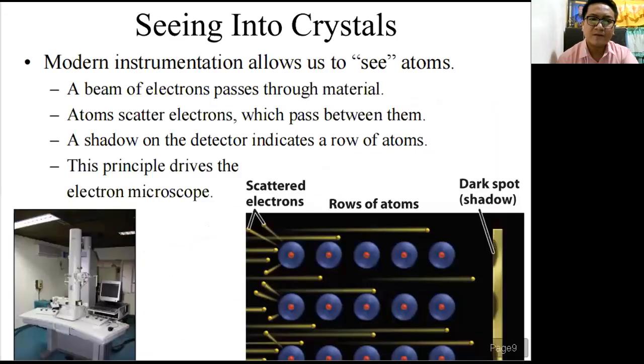So seeing into the crystal, using an electron microscope, ma-identify natin how the atoms are arranged doon mismo sa bawat minerals na meron. Okay. The beam of electrons passes through materials, atoms scatter electrons, which pass between them. A shadow on the detector indicates a row of atoms because of the device using the electron microscope.